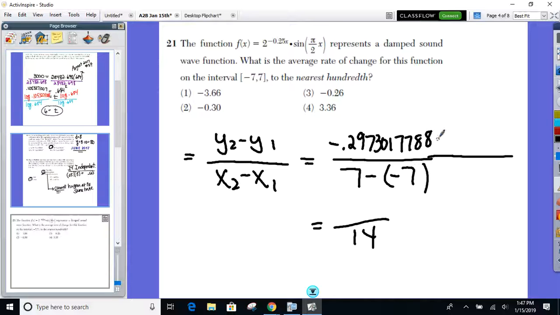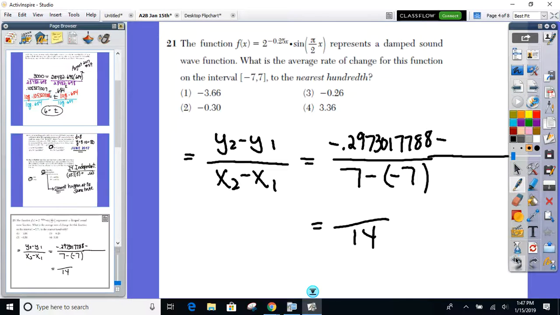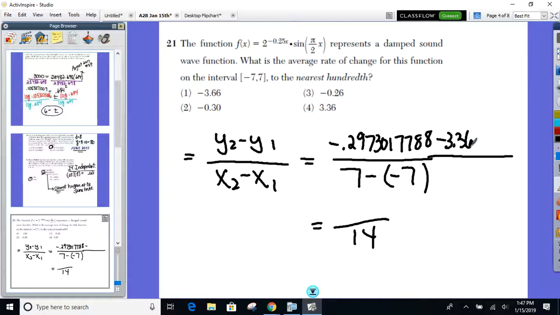Okay, now you're minus... are you getting 3? Oh, not point, sorry. 3.3, 63, 585, 661. There you go.